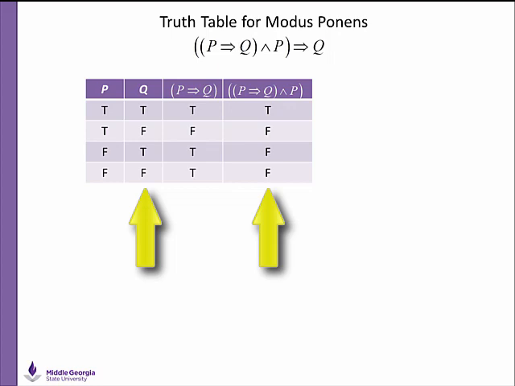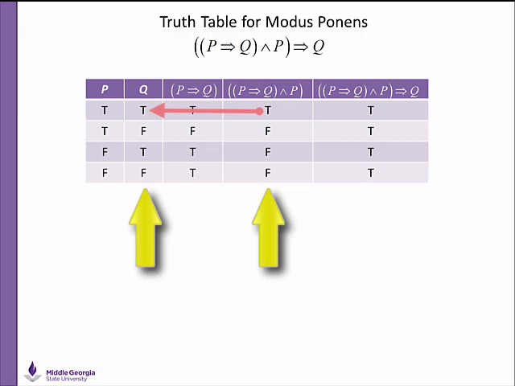So we can find the truth values for the final implication. In the first row, we have true implies true, so that's true. And in all the other rows, the left side of the implication is false, which means the implication is true. Modus ponens is a tautology. It is always true, no matter what truth values the simple statements have.